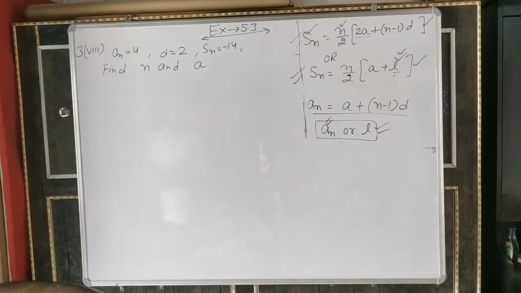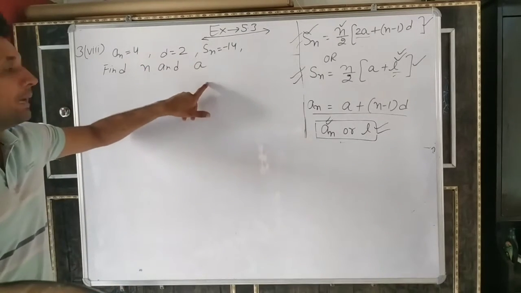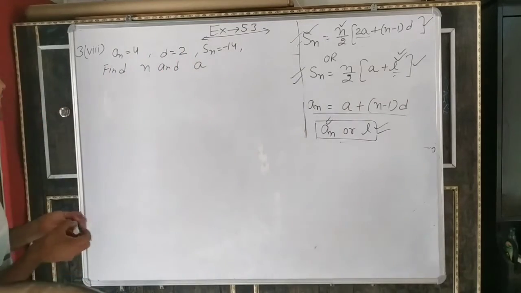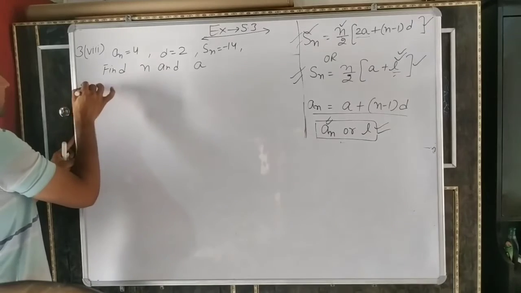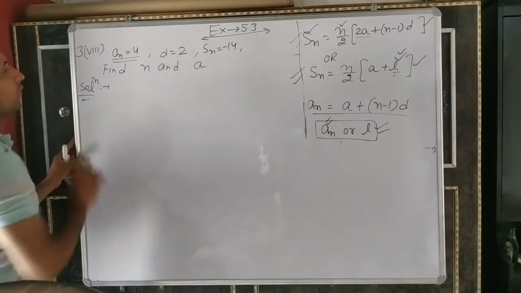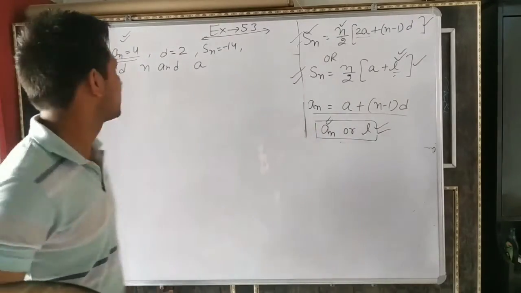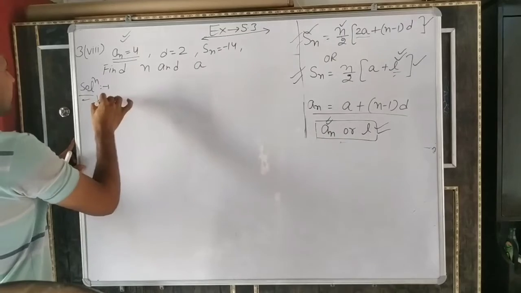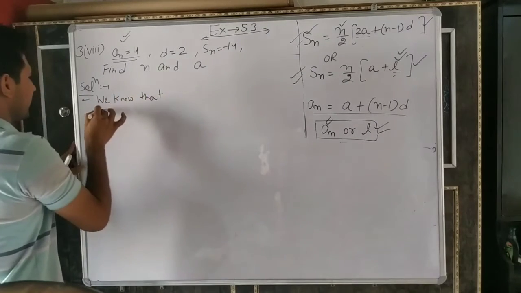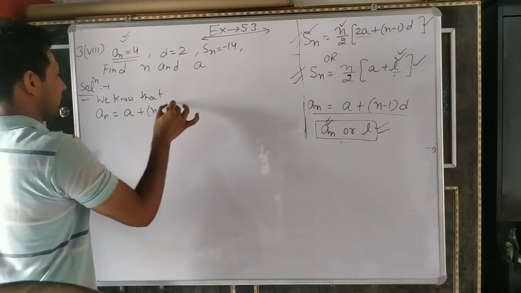Now dear, 8th part. In the 7th part, a is given and we had to find d, but now d is given and we have to find a. Again, same as before, what will we do? What is given? an equal to 4. So we will use the formula an. We know that an equal to a plus n minus 1 into d.